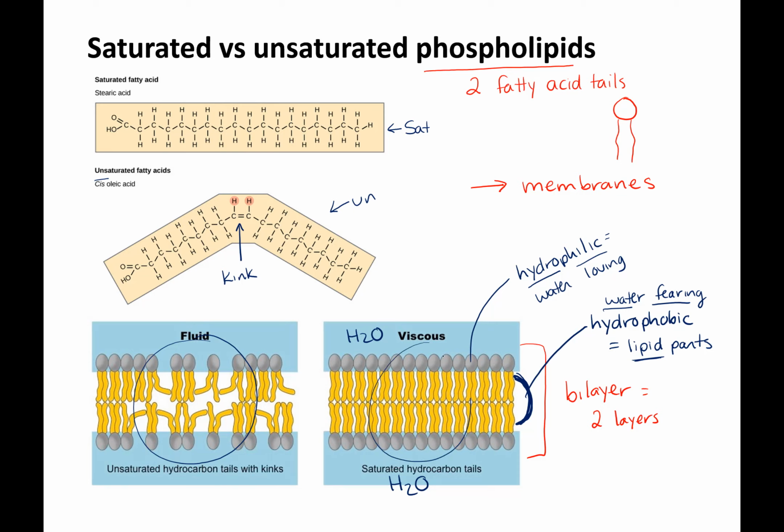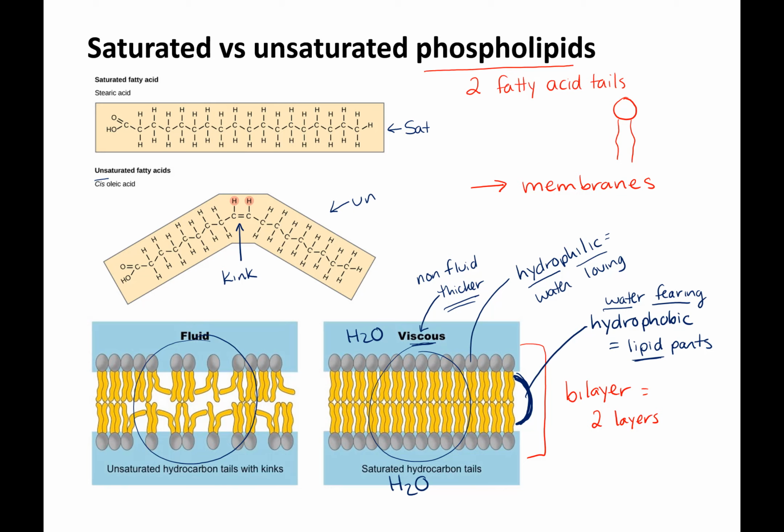And where we have lots of saturation, it becomes more viscous, or we could just say non-fluid. It's like thicker. So we want to have this nice mix so that our membranes can have the right fluidity to allow things to cross.